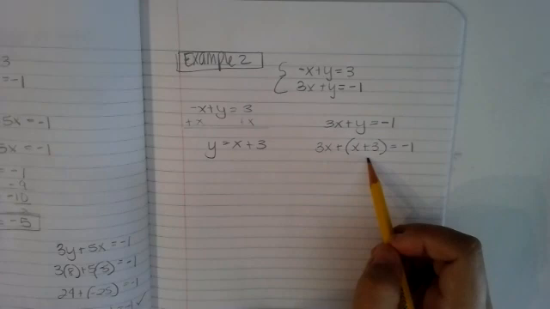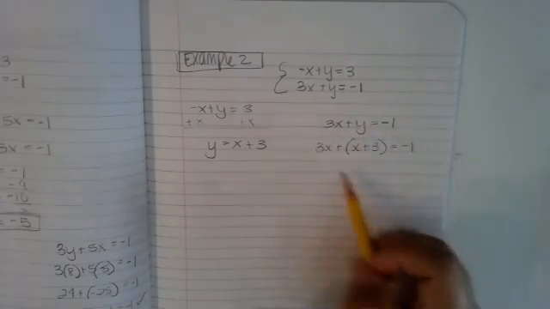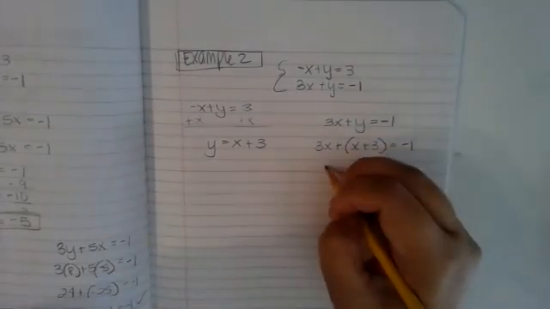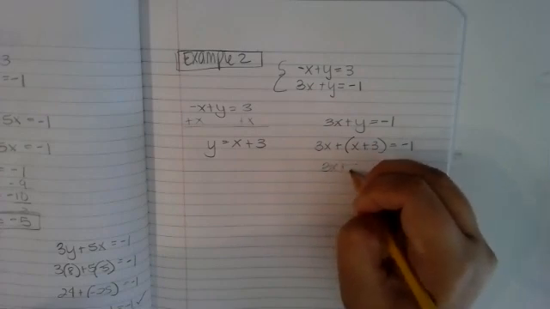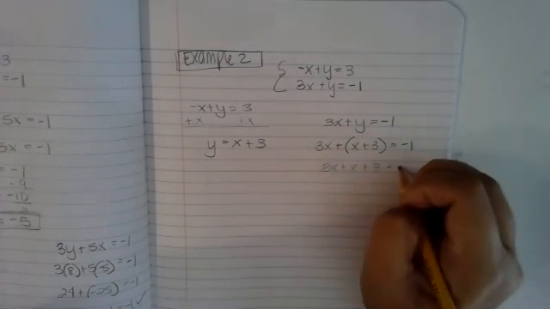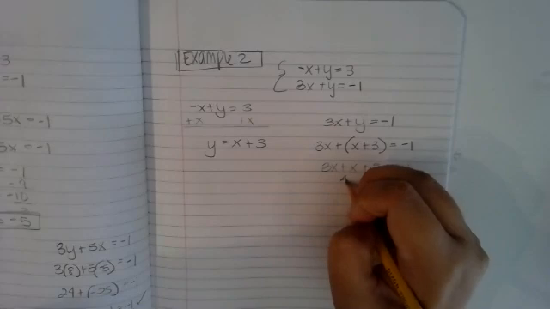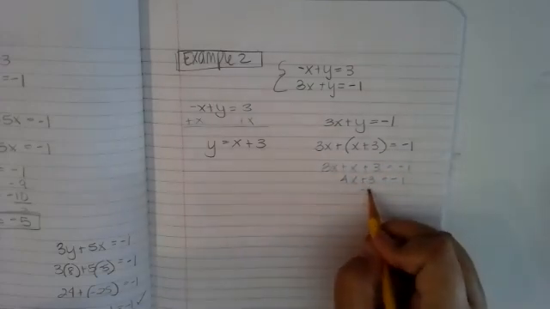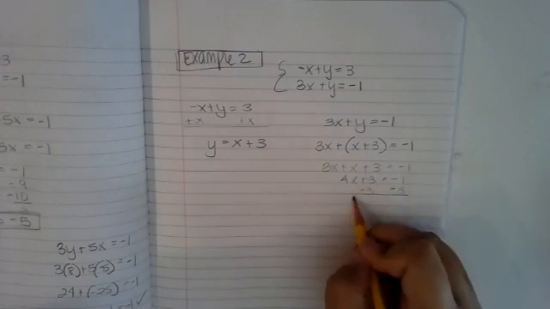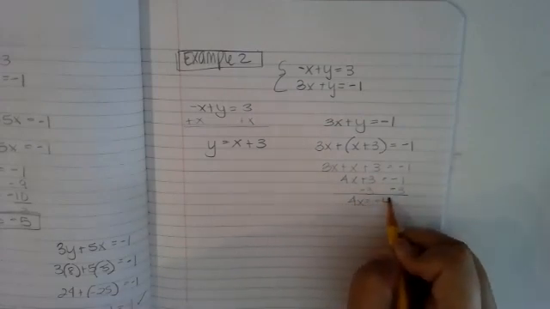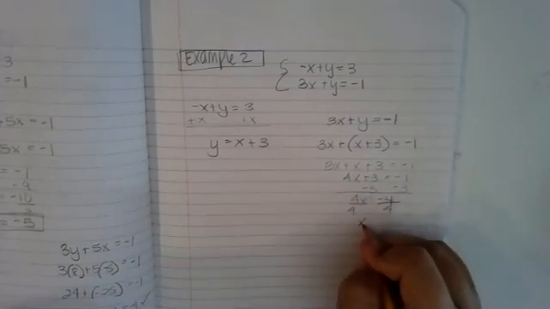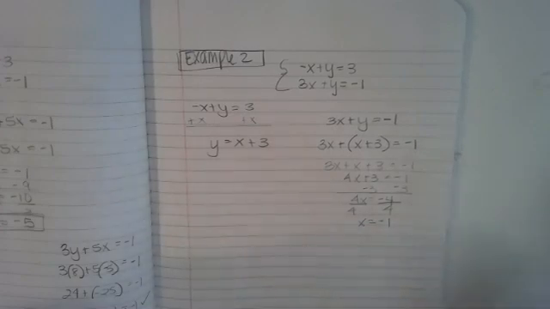Now I'm going to go back and work this out for my x. So here I have my 3x plus x plus 3 equals negative 1. I have 4x plus 3 equals negative 1. Minus 3, minus 3. This is 4x equals negative 4. Divide by 4, divide by 4. X equals negative 1.